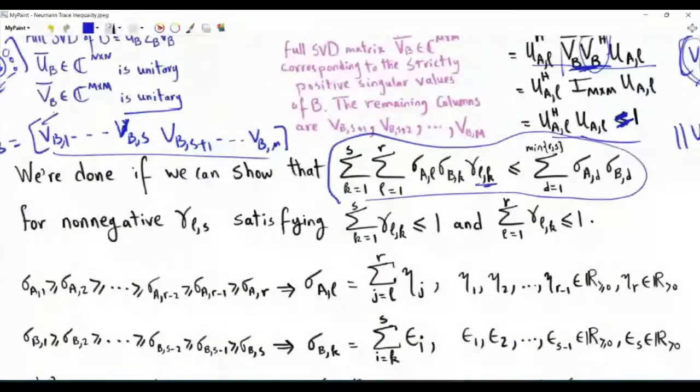The gammas are non-negative and they satisfy this property we talked about, which is that if you sum over l, you get a sum less than or equal to 1. If you sum over k, you get a sum that is less than or equal to 1. Can we show that this double sum is less than or equal to this single sum? And if so, then we are done. So here is the trick.